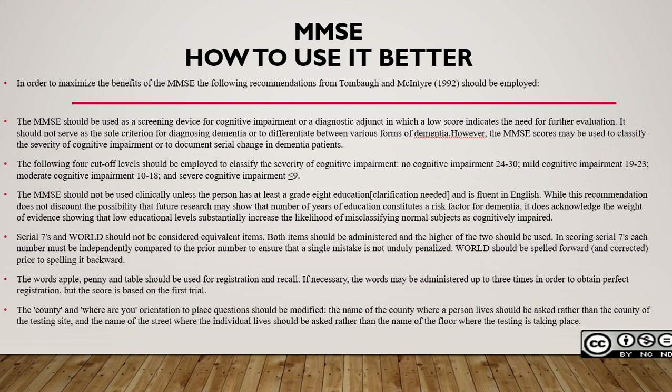However, the scores can be used to classify the severity of the cognitive impairment or to document a serial change in dementia patients. The four cutoff levels should be employed to classify the severity of impairment. As I've mentioned, no cognitive impairment, mild, moderate, severe, according to the numbers and the ranges.